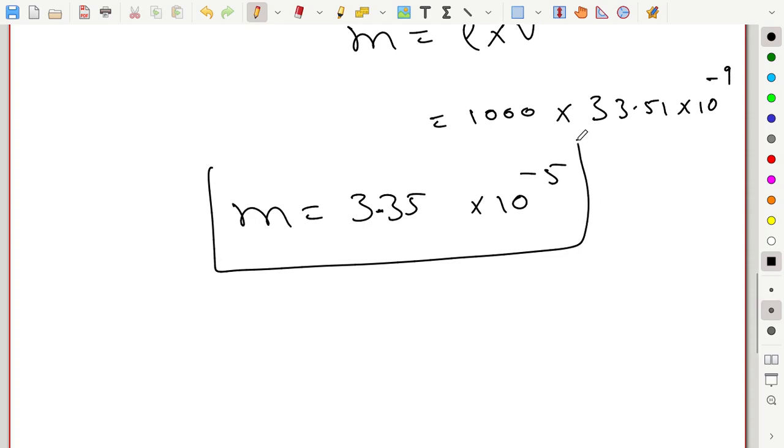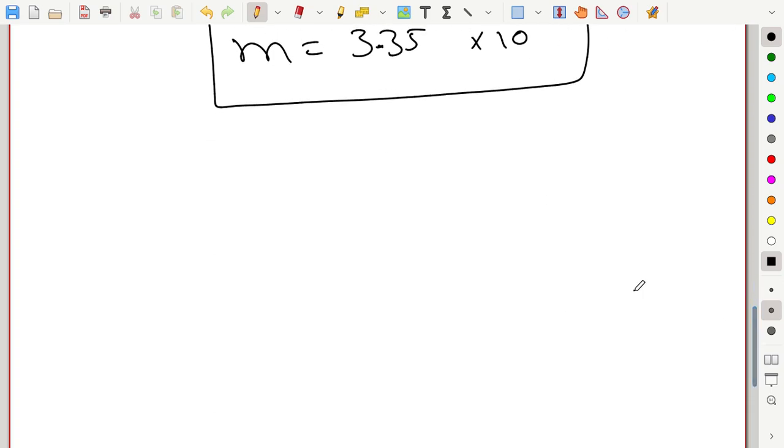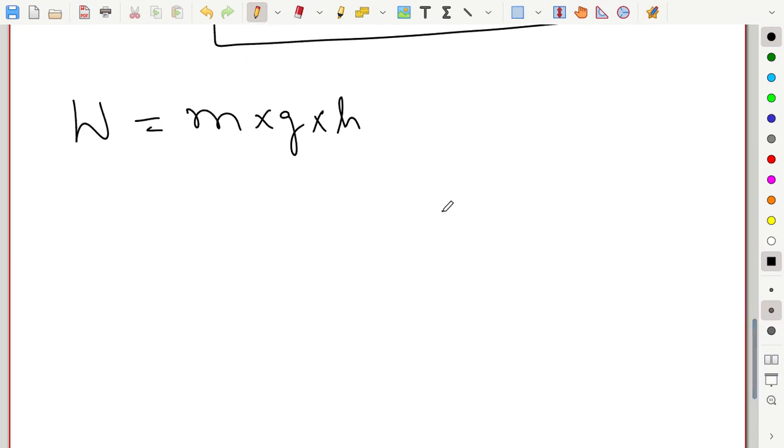We can calculate the work done by the gravitational force on the raindrop. The work done by the gravitational force is equal to m g h. Here they have asked us to find the work done for the first half and also for the second half.